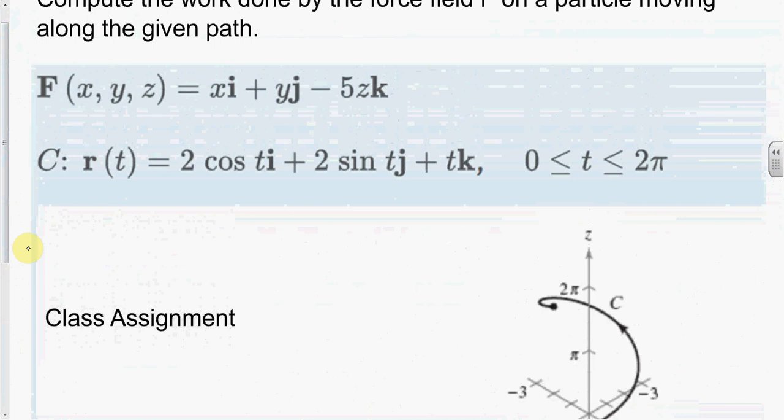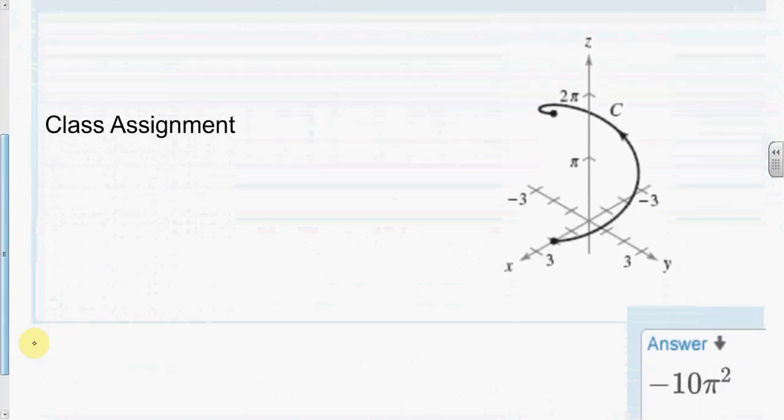Do you think you can do that one? That's the last one. There's a bonus question in there at the end, but I don't have time to get to that one. But let's see if you can get this one. Let me give you a couple of minutes on this. And the answer should be given somewhere. Yeah, the answer is negative 10 pi squared.